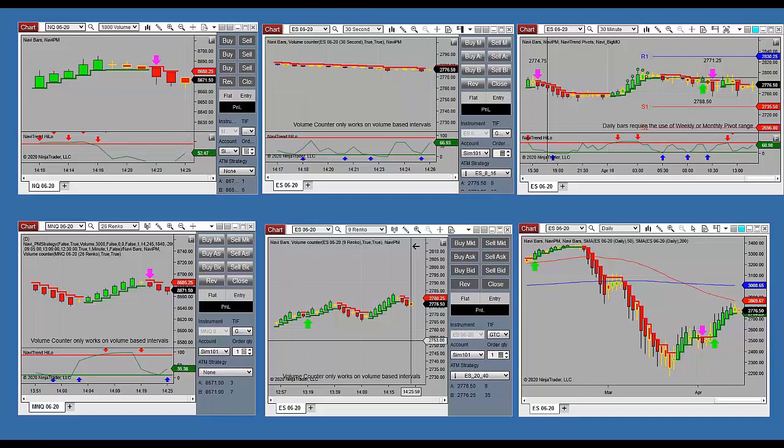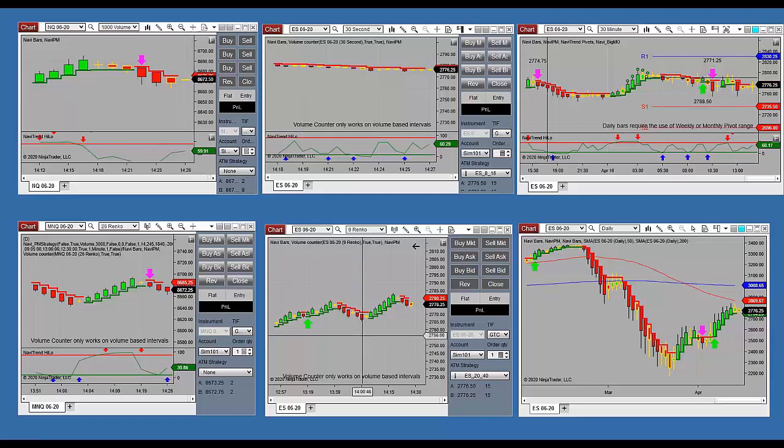Right now, NASDAQ's kind of consolidating, and on the E-mini, we had a sell signal at 27.77. Right now, both these markets are just trading sideways for the moment.